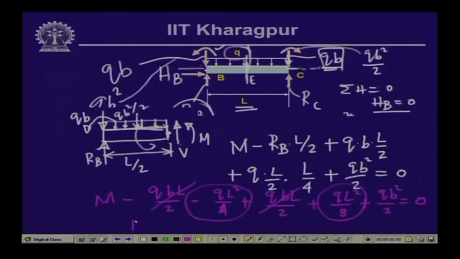So, we get M minus Q L square by 8 plus Q b square by 2, this is equal to 0, and hence the moment value M is equal to Q L square by 8 minus Q b square by 2.